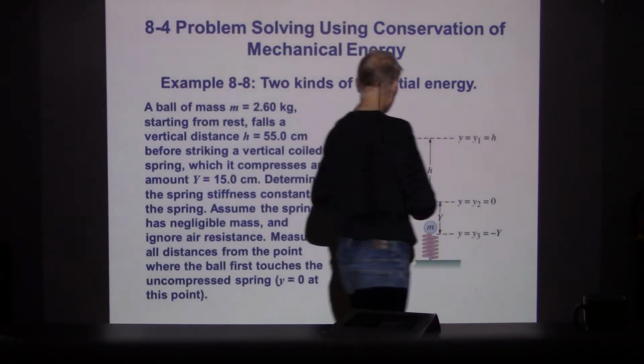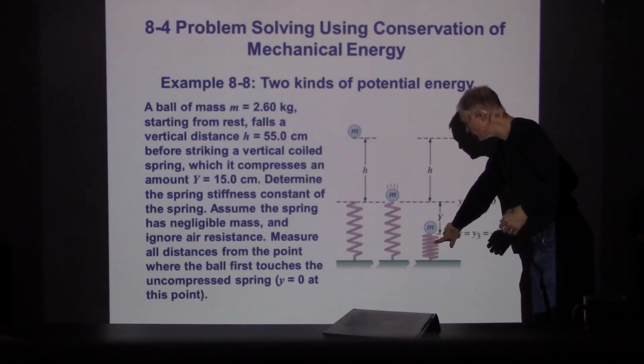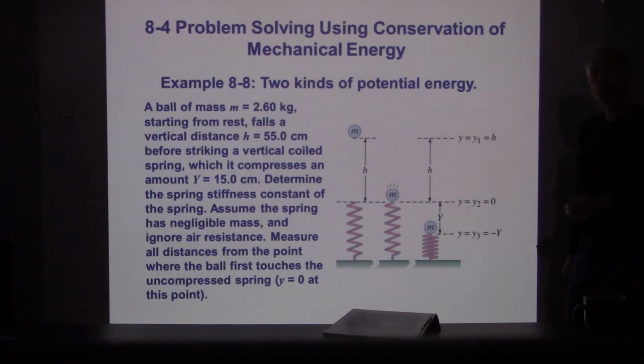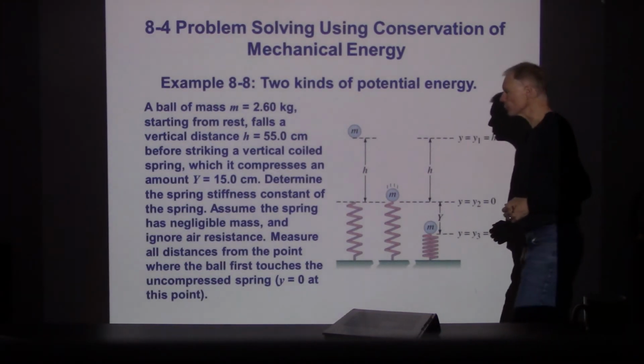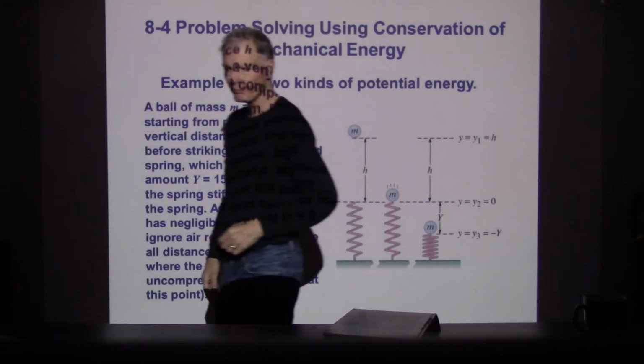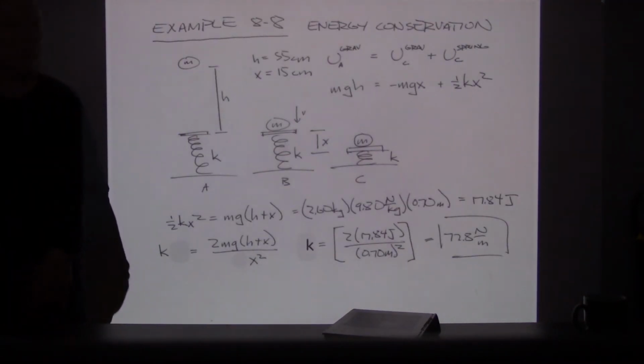Now, there's two different types of potential energy here. There's clearly potential energy stored in the spring. There's also a drop in gravitational potential energy. So let's take a look at this and look at all the numbers and keep track of the potential energy.